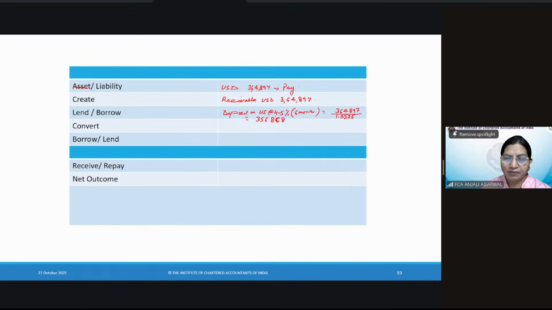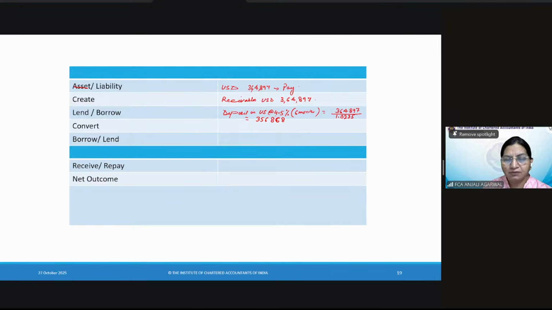So mention this thing because what do we want? We don't want to be falling short of any amount. Maybe we have excess, it's okay, but we shouldn't fall short of what we are supposed to pay. So if I would invest 356,867, I might receive a little less. So when making a payment, I want at least $364,897 to be received by me.